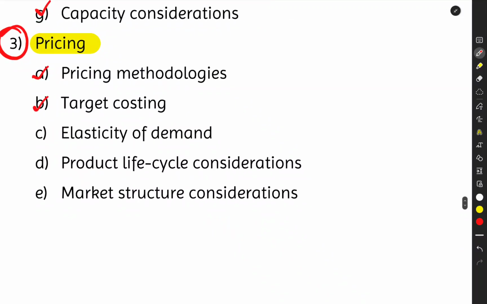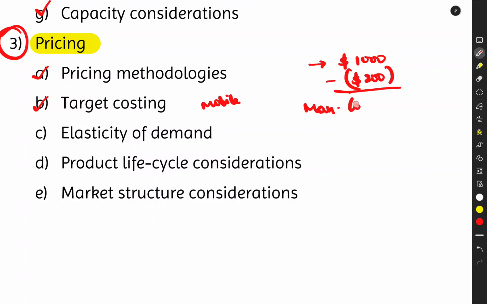Let's say, just a hypothetical example, I want to sell a mobile phone in the market for $1,000, 83,000 rupees in Indian currency. I want a margin of, let's say, 200. That means my maximum cost is 800.